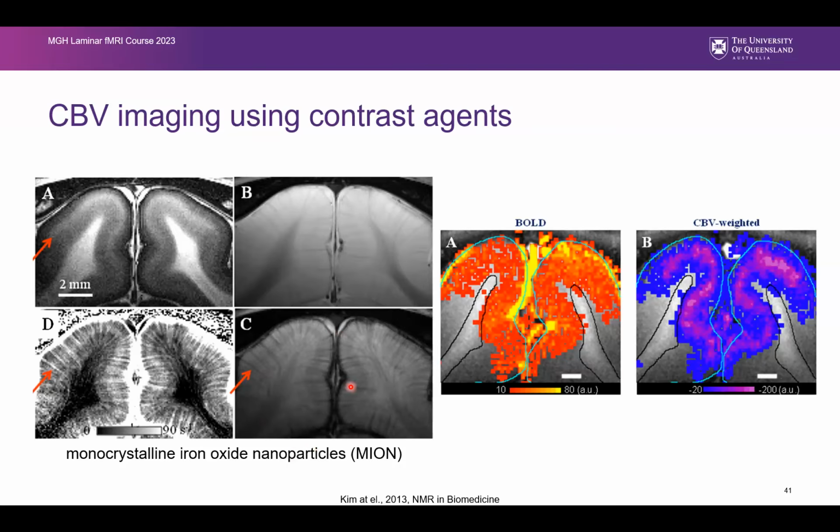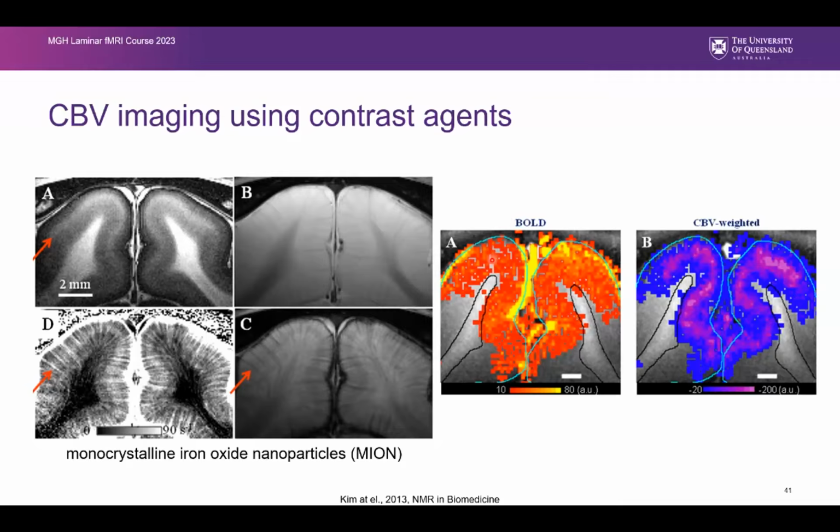So once you inject that, you can see veins and arteries quite nicely depicted. And from the difference or the ratio of these two images, you can also compute the blood volume in the tissue at rest. And you can see it's quite high at the surface, actually. So that's where all the blood is drained through or coming from. And you can also see the draining veins and ascending arteries as well.